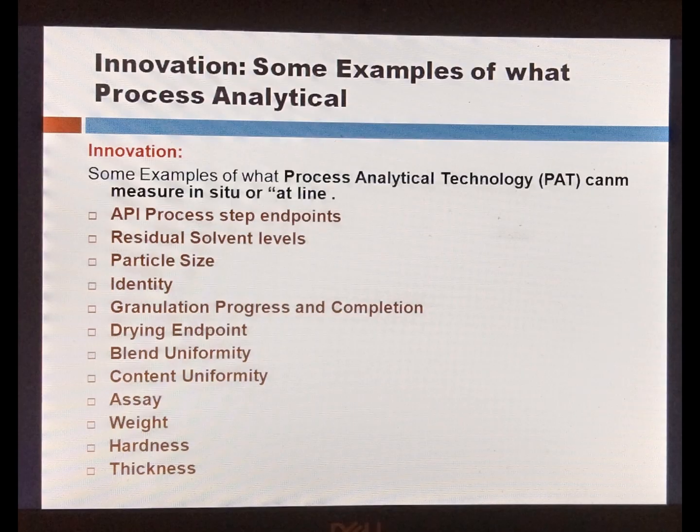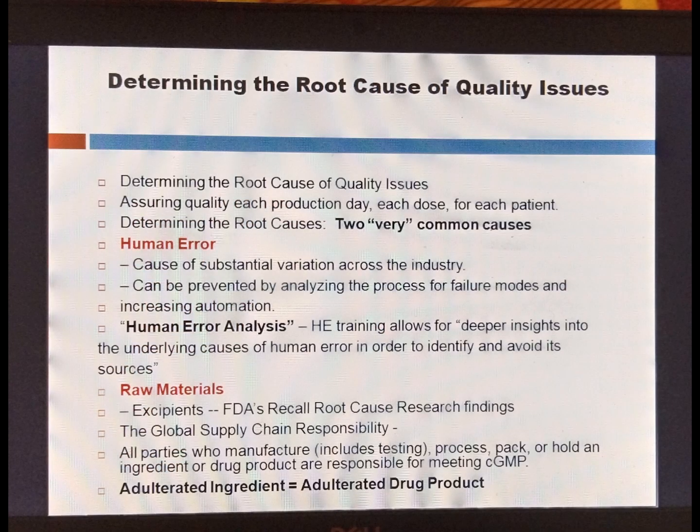Process analytical technology, PAT, can measure in situ or at line API process step endpoint, residual solvent level, particle size, identity, granulation progress and completion, drying endpoint, blend uniformity, content uniformity, assay, weight, hardness, and thickness.